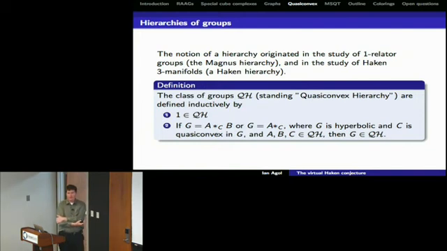So there's a Bestvina-Feighn criterion for when an amalgamated product of hyperbolic groups is hyperbolic that you need to apply there. But here I'm assuming it's quasi-convex in G, which is a strong assumption. There are weaker conditions you can put on this that would be enough to guarantee that.